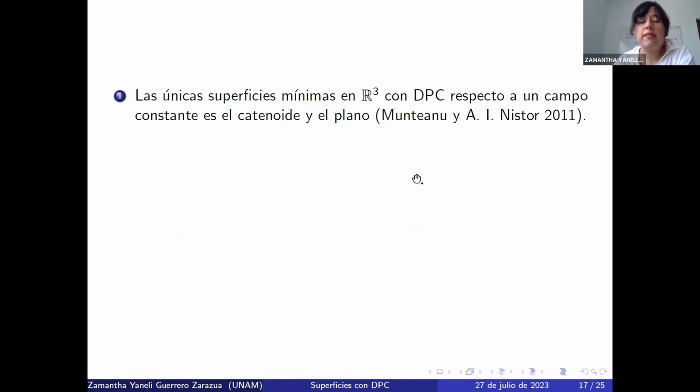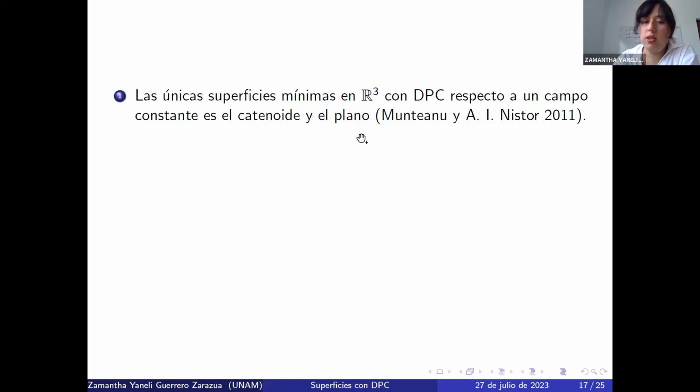So if we focus on specific spaces, we find, in Montaldo and Onnis in 2011, that the only minimal surfaces in R3 with canonical principal direction with respect to a constant vector field are going to be the catenoid and the plane.